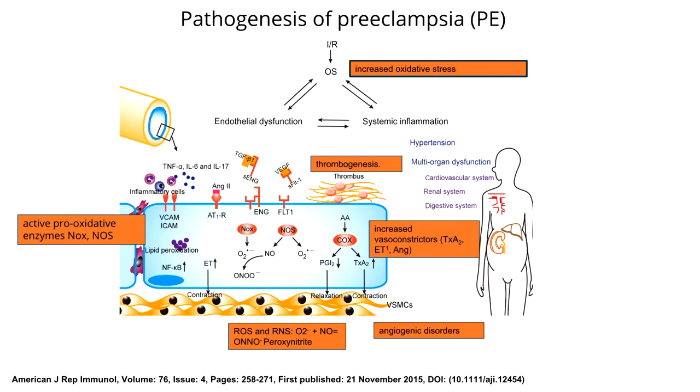Thrombogenesis plus vasoconstriction are going to be responsible for hypertension and also for multi-organ dysfunction in the cardiovascular system, renal system, and digestive system.